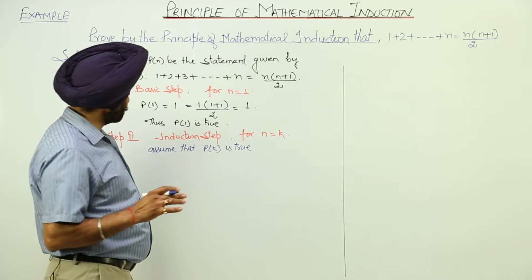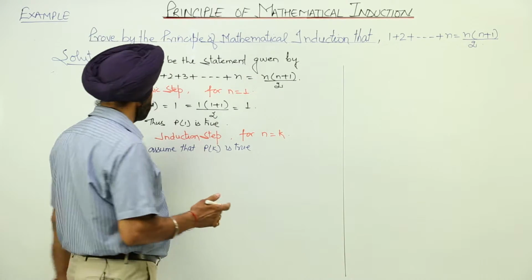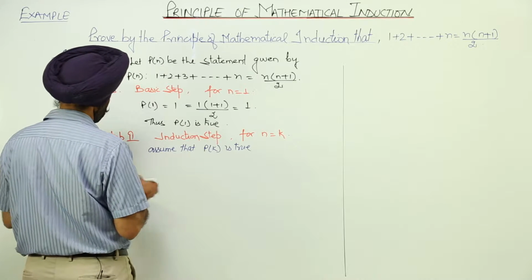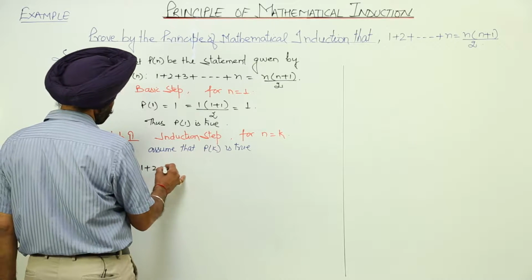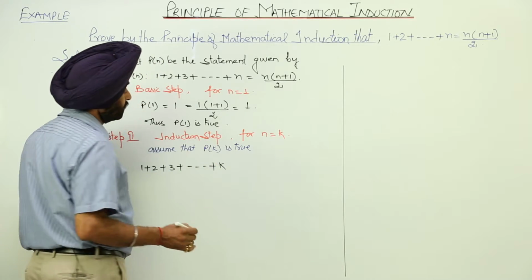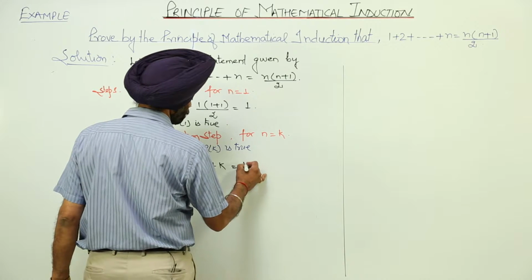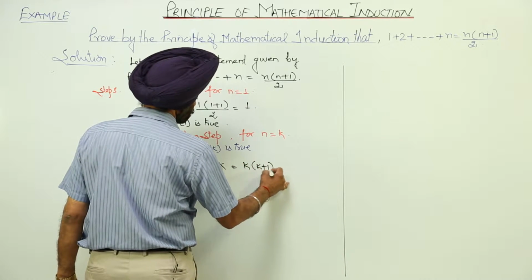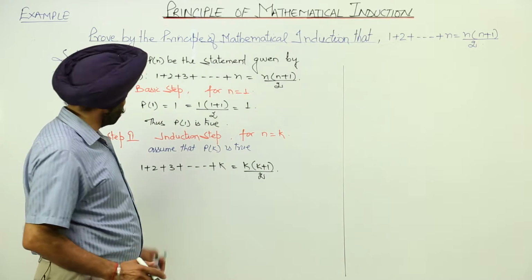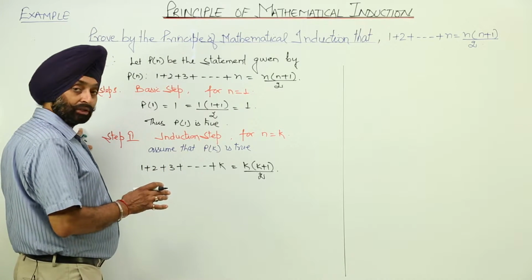Second step is the induction step, we are just assuming that Pk is true. Now, 1 plus 2 plus 3 plus ... plus k, in place of n we are going to put k, is equal to k times (k plus 1) upon 2. Now, this is the induction step. First step is always basic, second is the induction step.